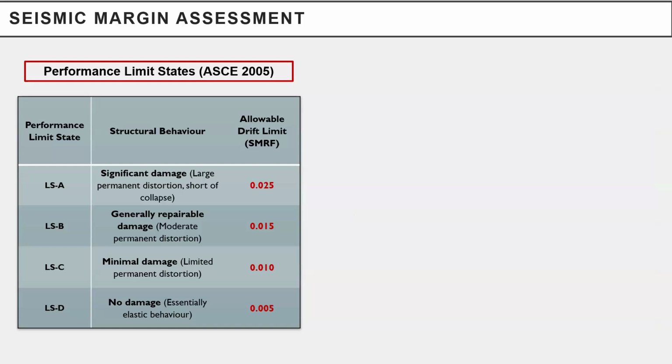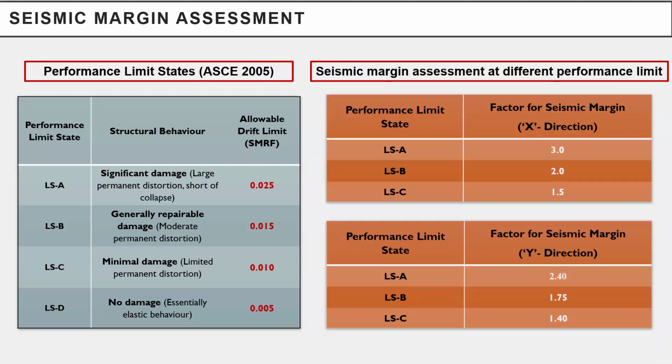B is generally repairable damage, with moderate permanent distortion, and the allowable drift limit is 0.015. C is minimal damage, limited permanent distortions, and the drift is 0.01. D is no damage, essentially elastic behavior, and the drift limit is 0.005.